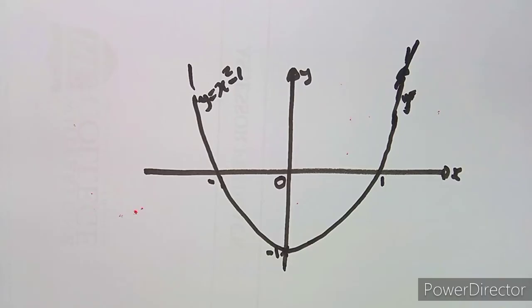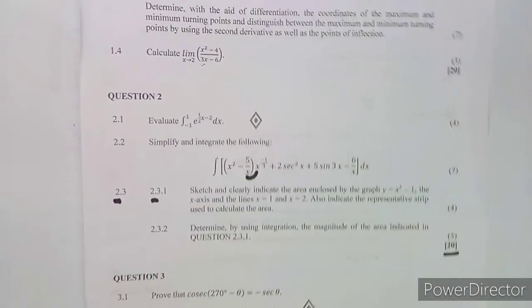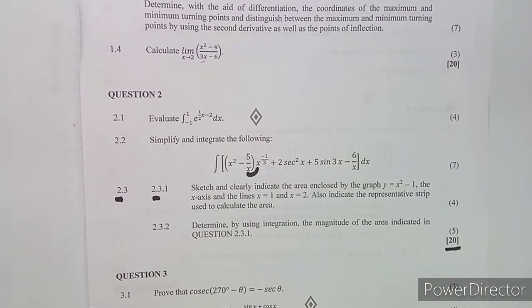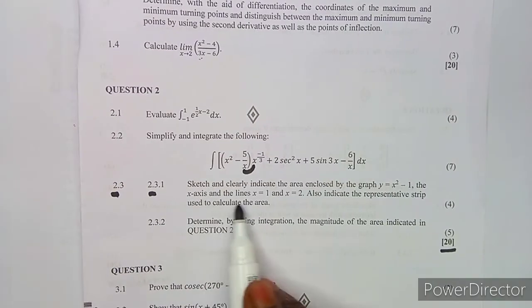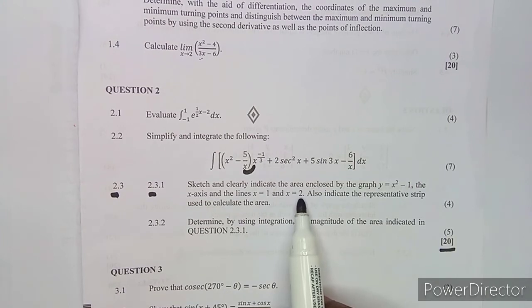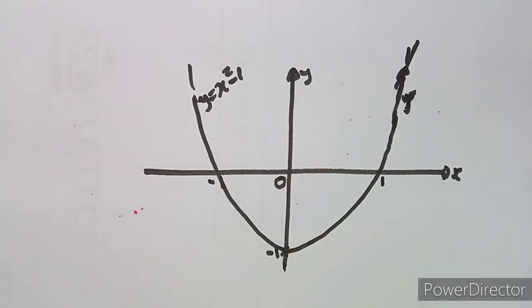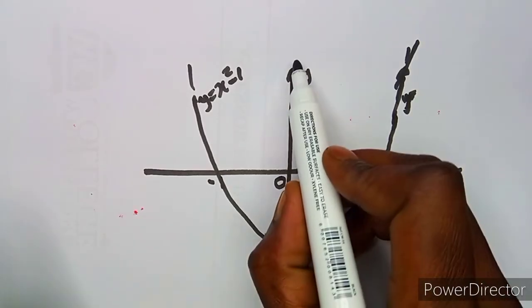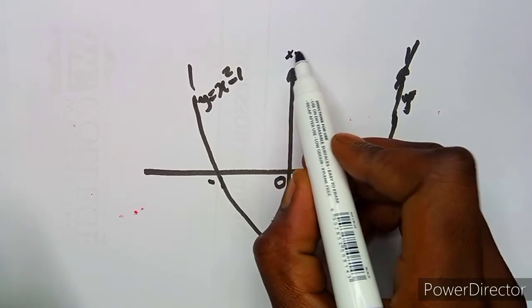All right, now let's listen to the question, guys. The question is further saying we have to indicate some of the points: the y-axis, the lines x is equal to 1, x is equal to 2. Remember, the y-axis we call the line x is equal to 0.